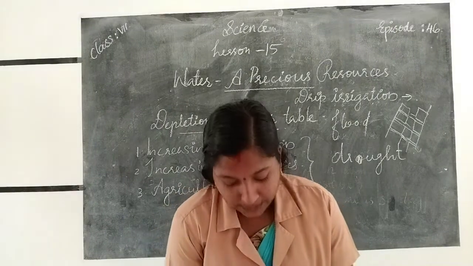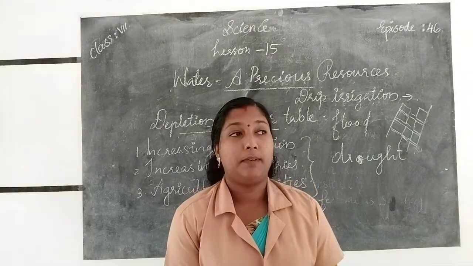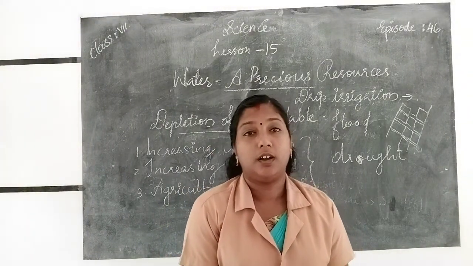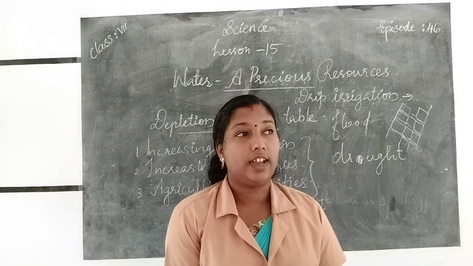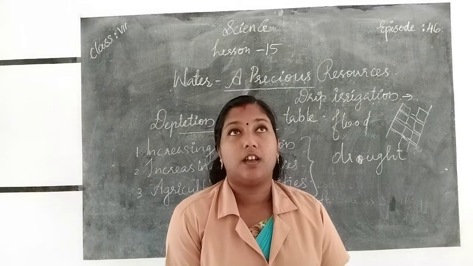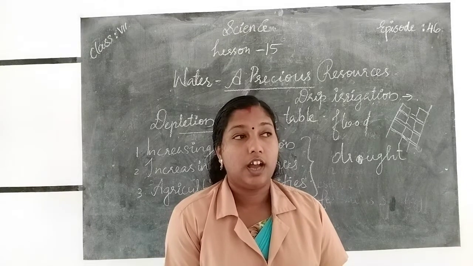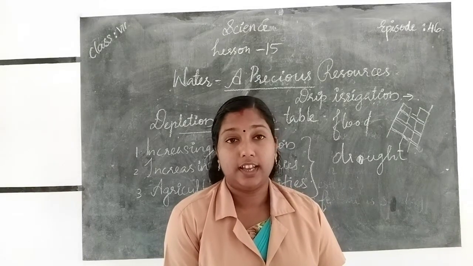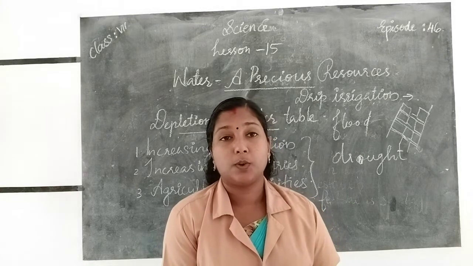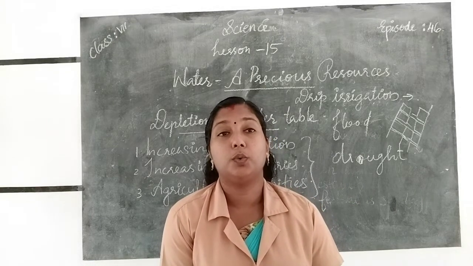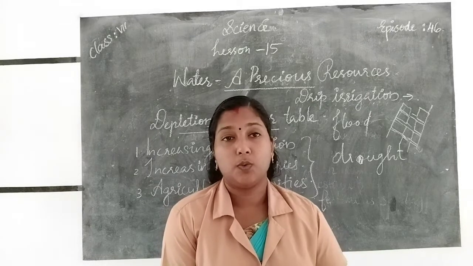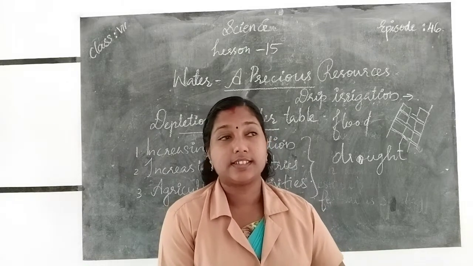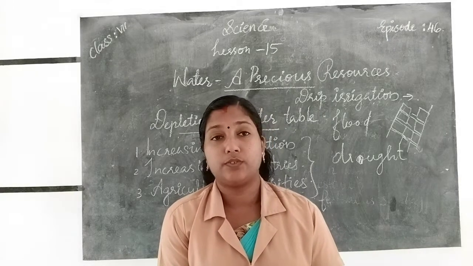Next one, transpiration. We know that plants also need water for their survival. So water is an essential factor needed for plants. How do plants take water? The plants absorb water from the soil through roots. That absorbed water is transported to the leaves of the plants.